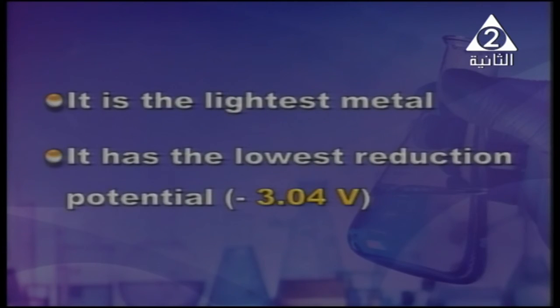Because it is the lightest metal. And it has the lowest reduction potential, negative 3.04 volt. So it has the highest oxidation potential, and it is the most active metal.